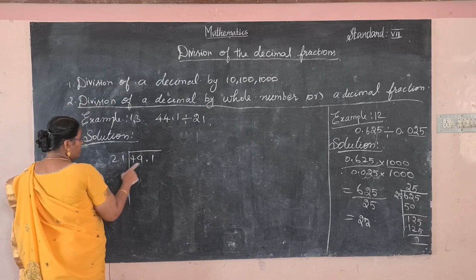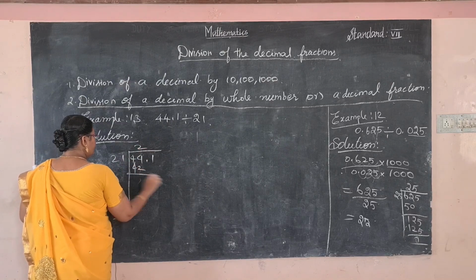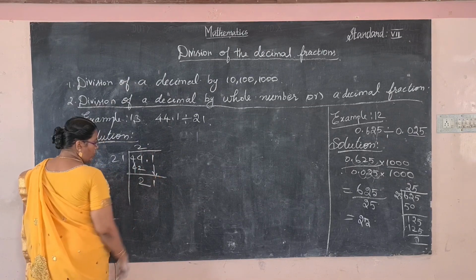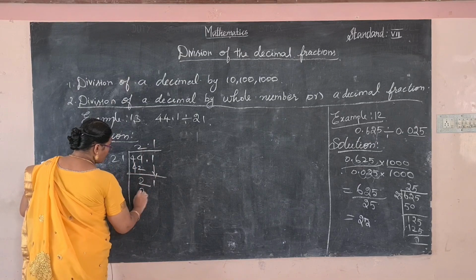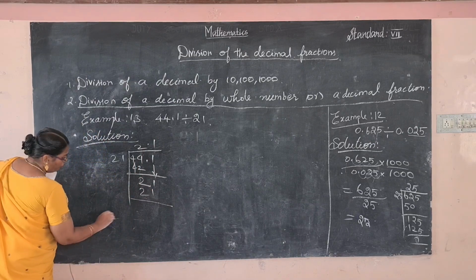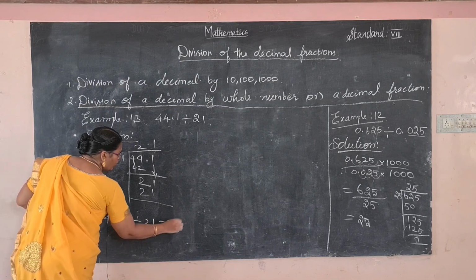Okay, so how many times is possible? 2 times is 42. So 2, then decimal point here, and bring down the next digit 1. So how many times? 1 time is possible. So what is the value? 44.1 divided by 21 is equal to 2.1.